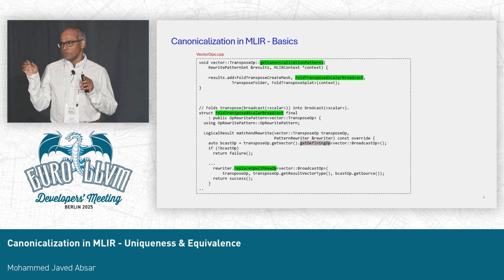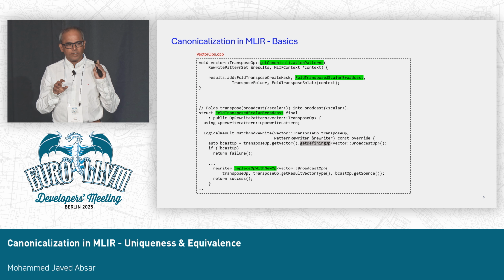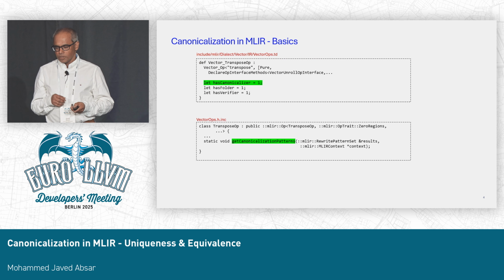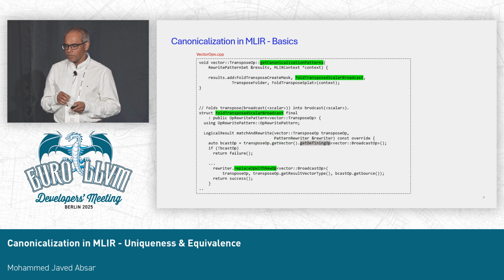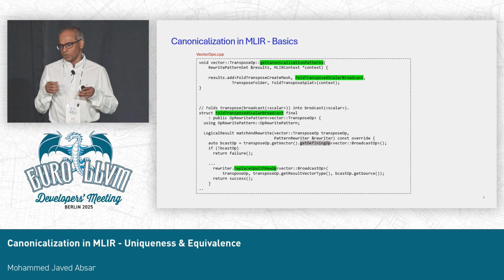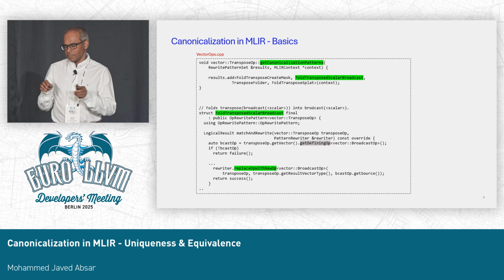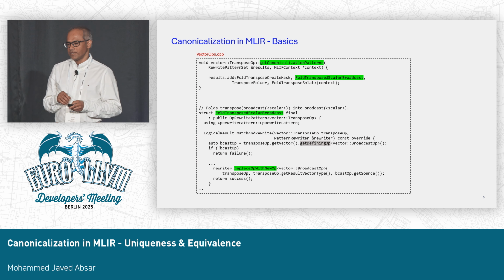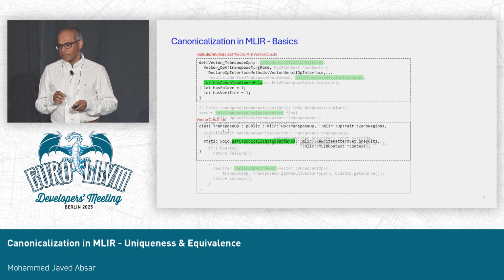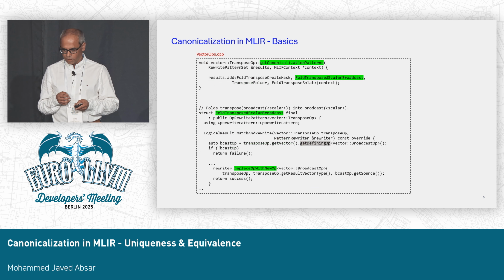If that's the case, I'm going to just replace the transpose with the broadcast, to get back what you had below here, where the result is from the transpose and the source is from the source of the broadcast. The details of this don't matter. It's basically a way of stitching things together so you can get the canonicalizer to give you the code that you wanted.